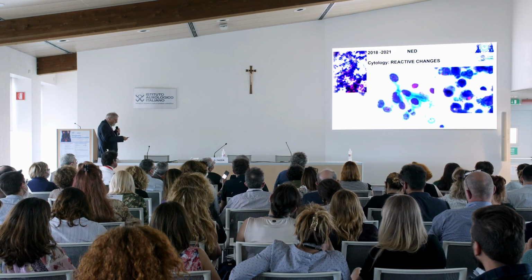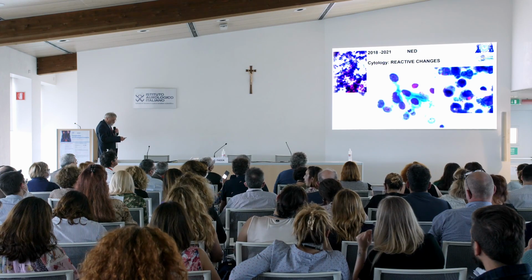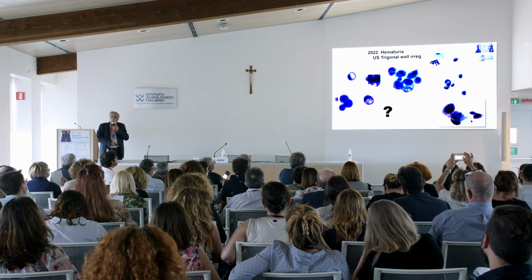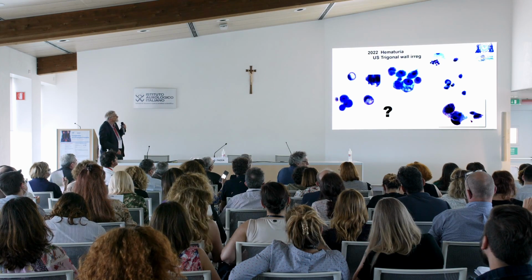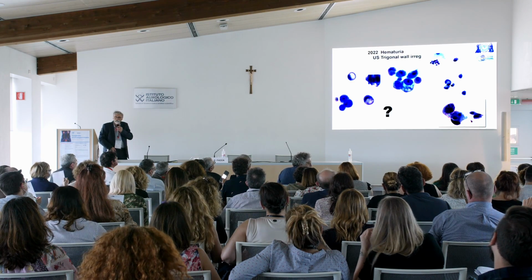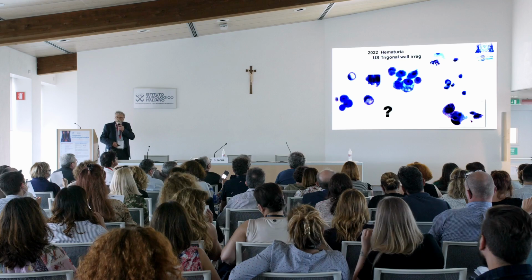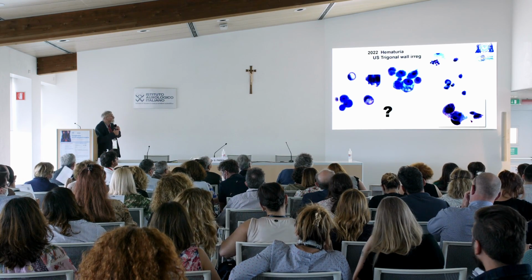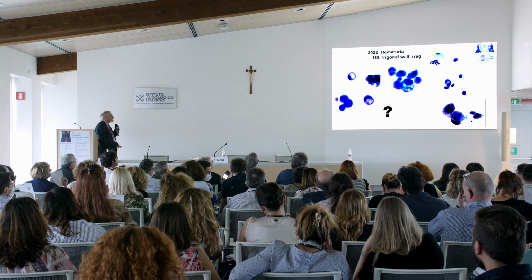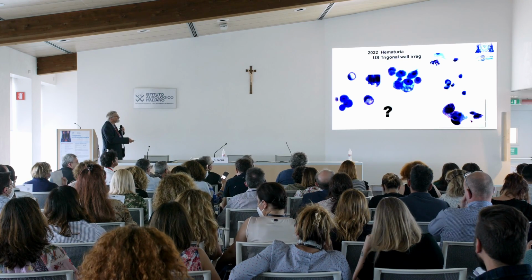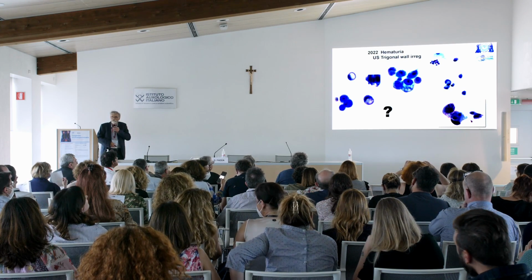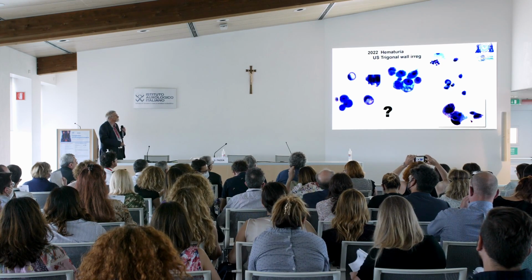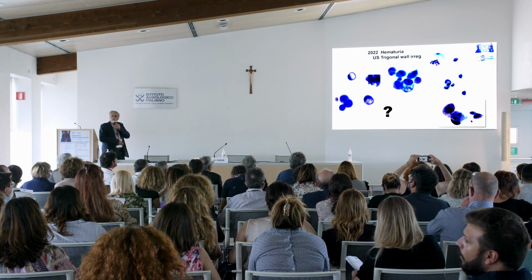And then arrived in 2022 with hematuria and a new evidence of an irregular crescent in the trigonal wall. So, cytology was very different. Some cells similar to those previously observed, and some very different. The opinion of the audience?